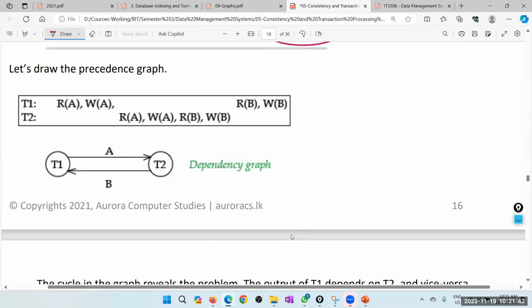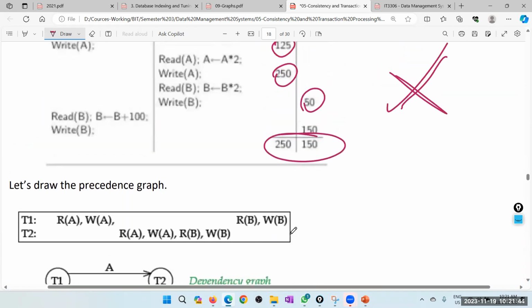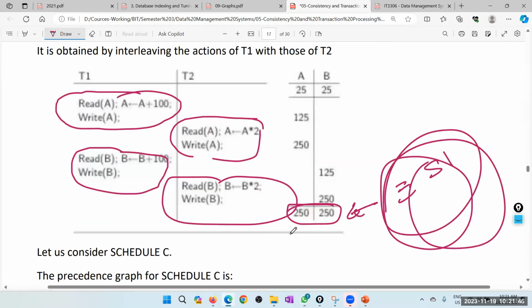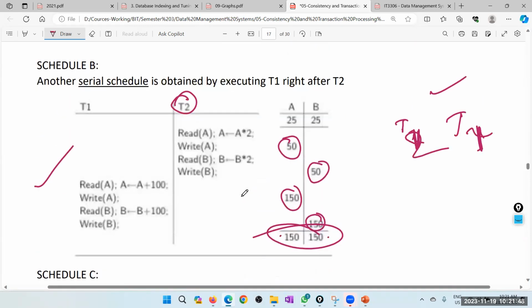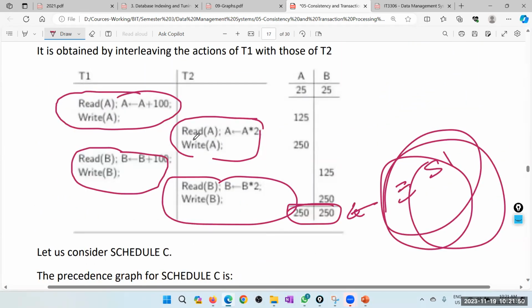Okay. Now let's look at the precedence graph for this one and see whether it is really conflict serializable.